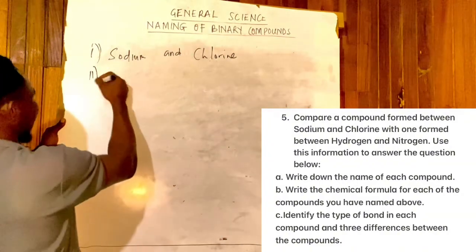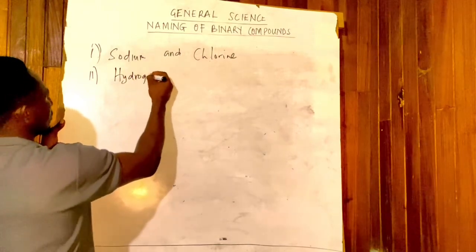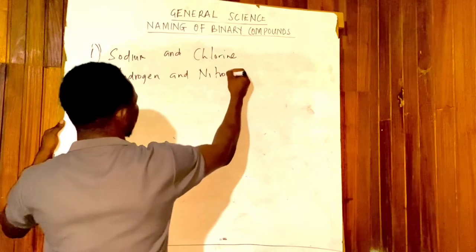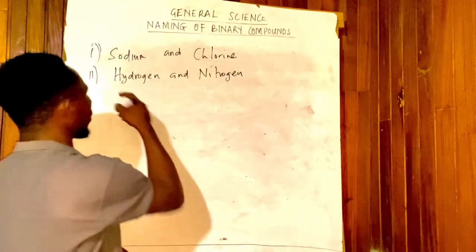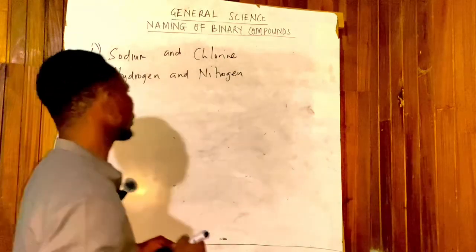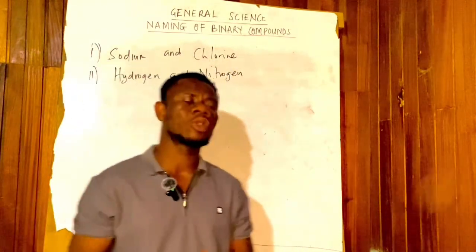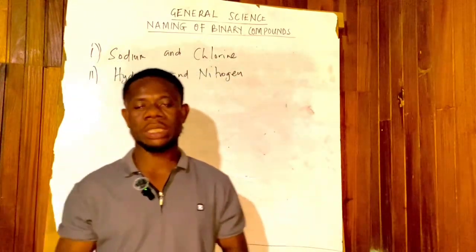So the first one is sodium and chlorine, then the next one is hydrogen and nitrogen. And we are going to use this information to answer 3 questions.